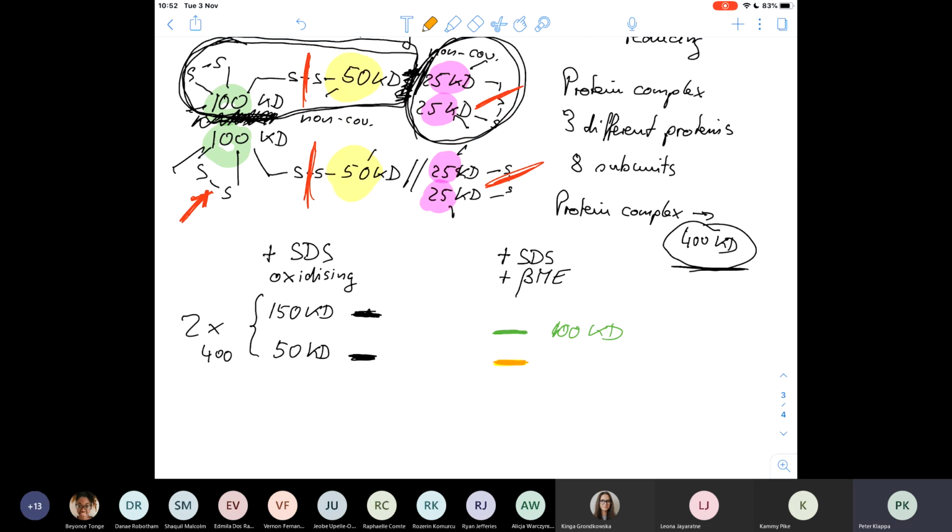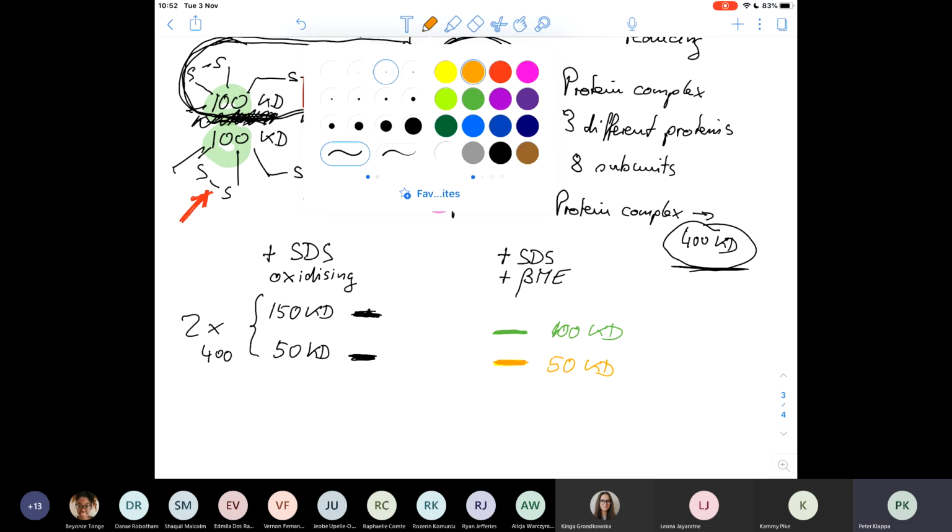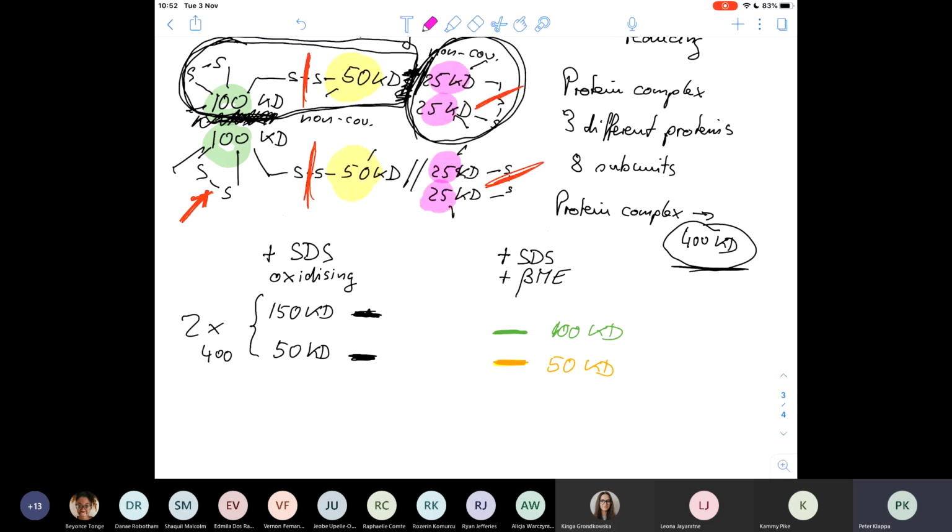We would get the 50 kilodalton band, and we would get a 25 kilodalton. So 100, 50, and 25. Does that picture make sense?